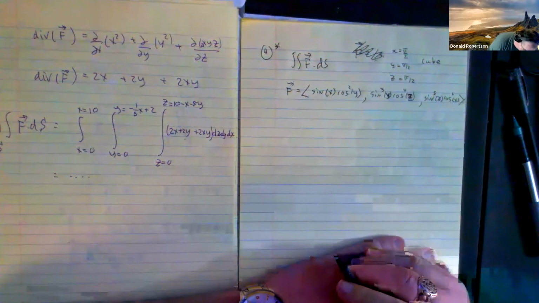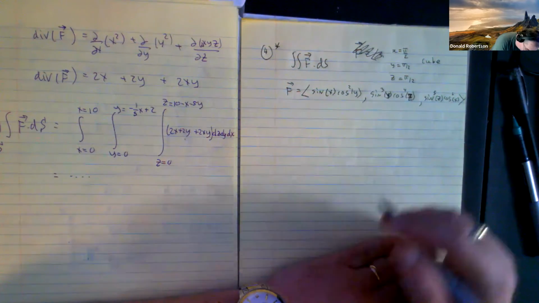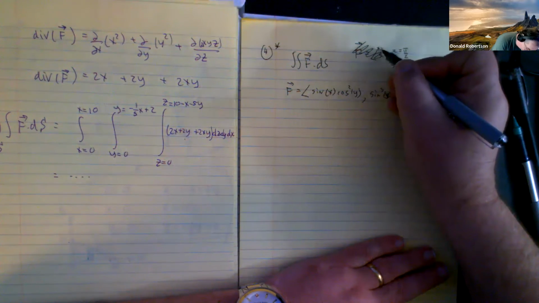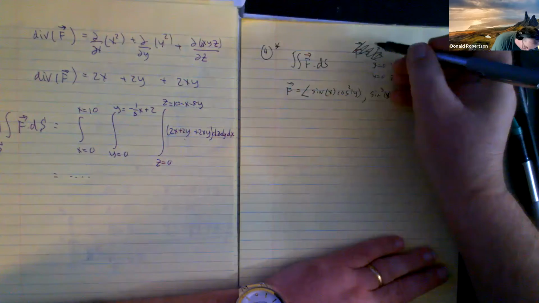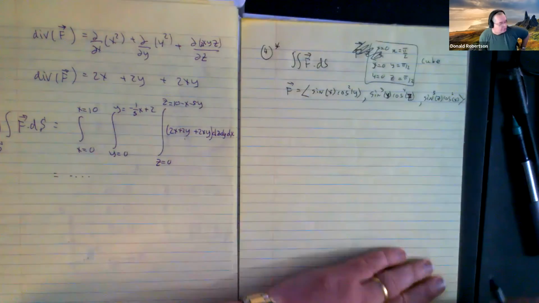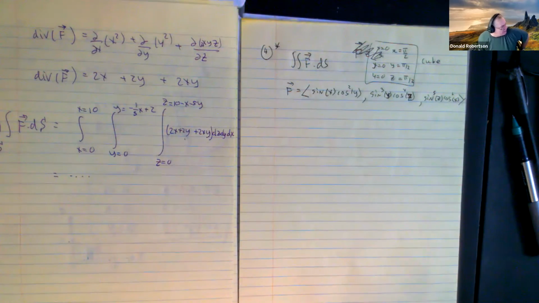So I'm assuming that it's a cube, that you start with zeros. So there is our region. It's a strange way of saying it. I would have said a cube centered at the origin with sides pi upon 2. But I mean, it's a cube, so I'll live with that.